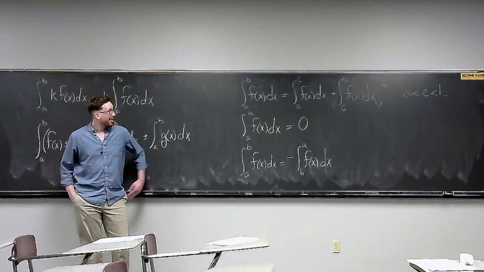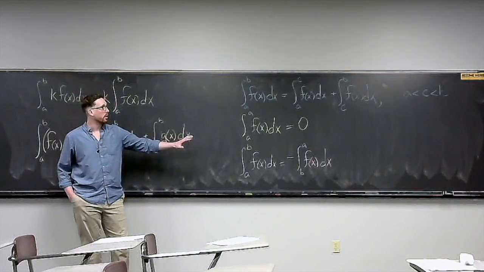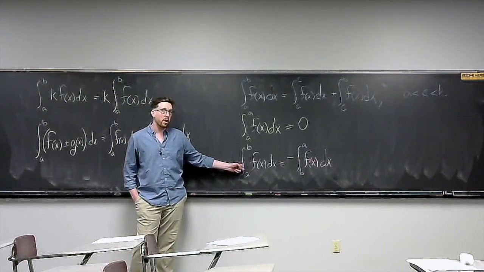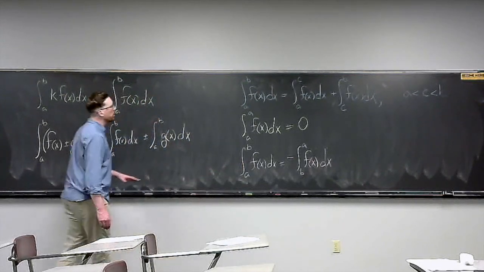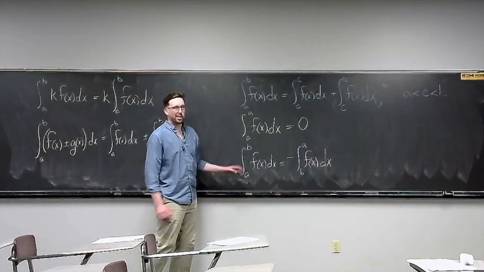Now, these three, not so much. Things get a little weird. We'll see a little bit later on why they are what they are, and it'll make perfect sense when we do. But till then, we're just going to see what they are.